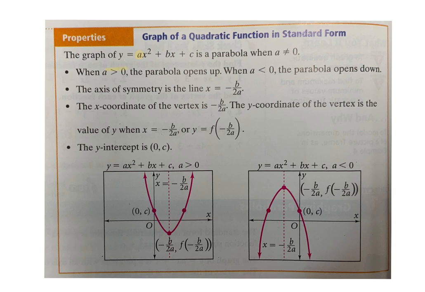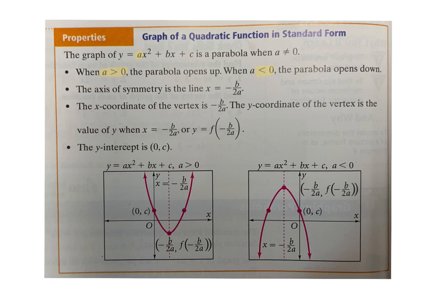If A is positive, the parabola opens up, meaning it is cone-shaped up, concave up. If A is negative, the parabola opens down. It's concave down, looks like an upside-down bowl, okay? And so the very first thing we can look at is our A. Positive is going to be up, negative it's going to be down.